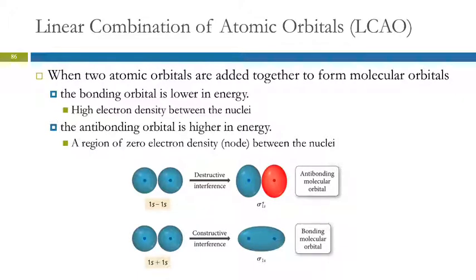The anti-bonding orbital has a node between, and so there's a space in the middle there where the electron never, well, pretty much never is, right? And so that's not going to facilitate bonding. The bonding orbital has the largest electron density between the two atoms, and that's going to act as a bond and hold the two atoms together.